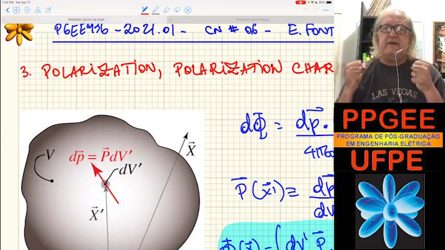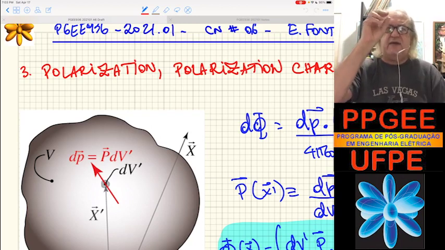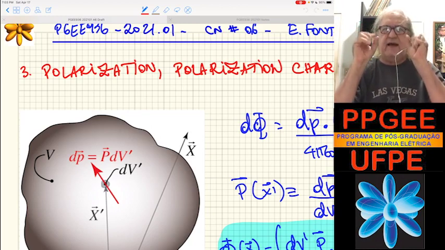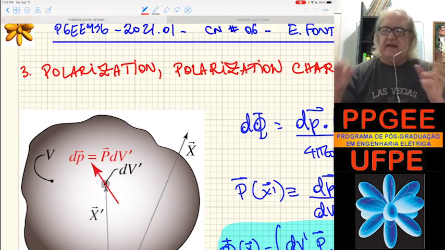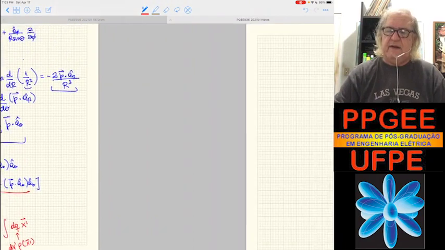You can have permanent dipoles. Some molecules have a permanent dipole, like water, with oxygen and two hydrogen atoms. The center of the positive charge and the center of the negative charge are separated, right?